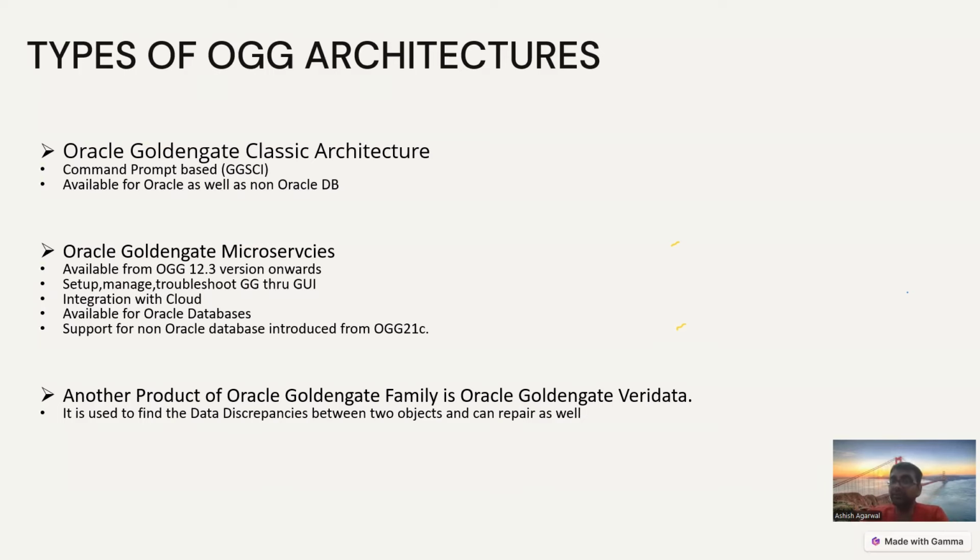So say for example, on source you have 10,000 records in a table. On target, you have 9,000 records. What Veridata can do for you is identify the discrepant records, and it can repair those discrepancies as well. Veridata is getting very popular nowadays due to the cloud migrations going on.